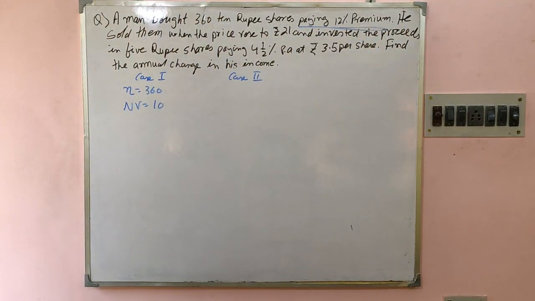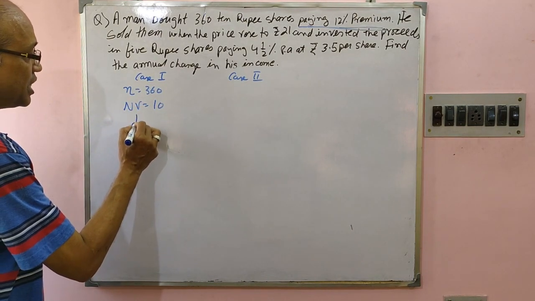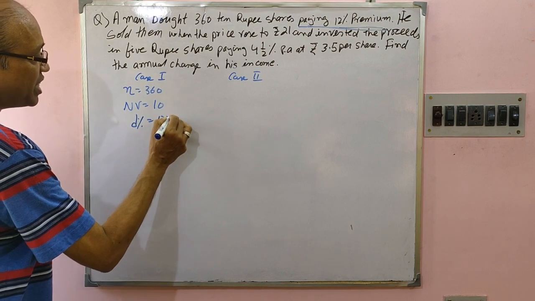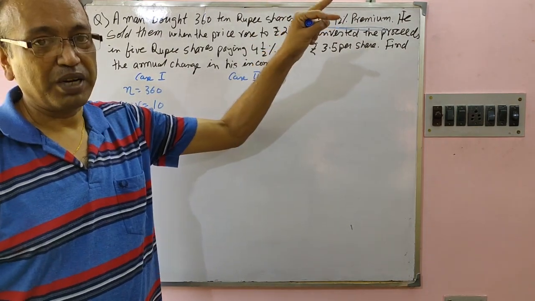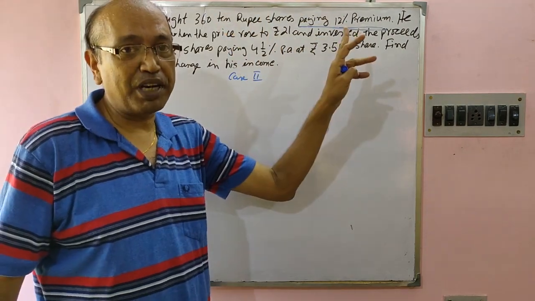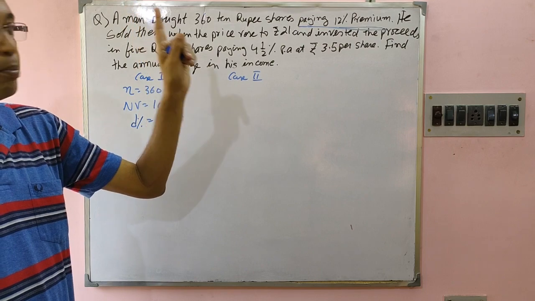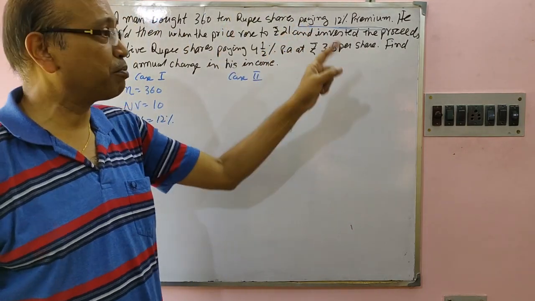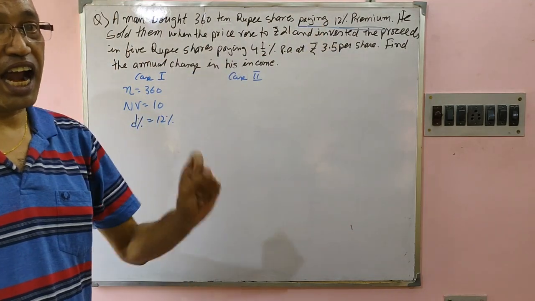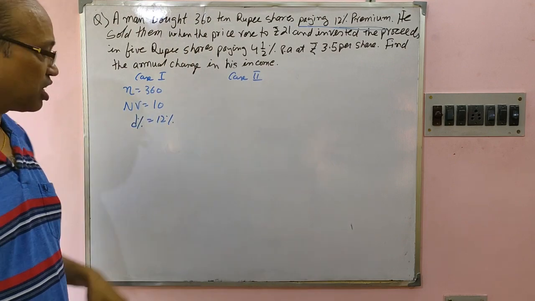Paying 12% premium means D percent is 12%. Don't confuse it with at premium. If they say at premium, that means it is related with the market price. But when they are saying they are paying 12%, that means it is D percent and not related with the market value. Please note this.